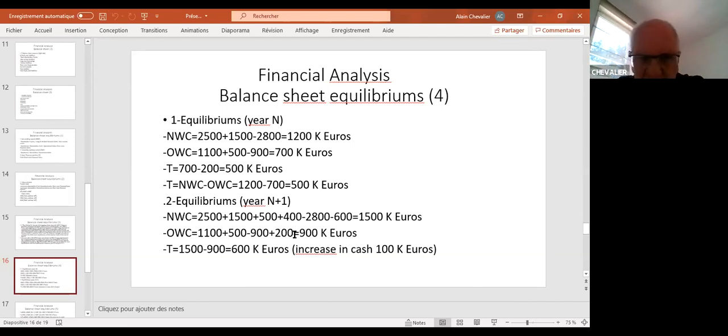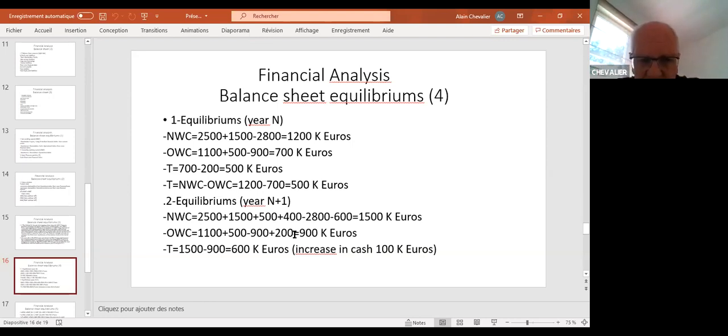Okay, so you can calculate T directly with preceding calculations. It's equal to the net working capital in period N+1, 1,500, minus the new value of the operating working capital, 900, which is 600k euros.